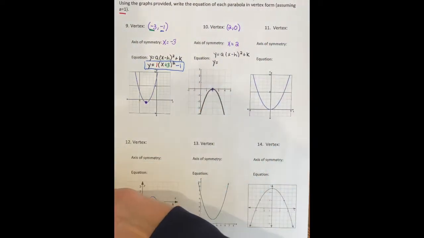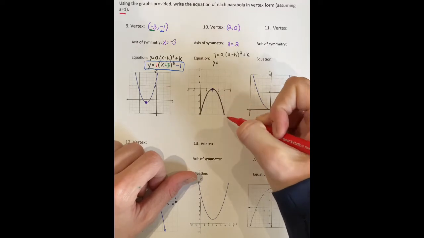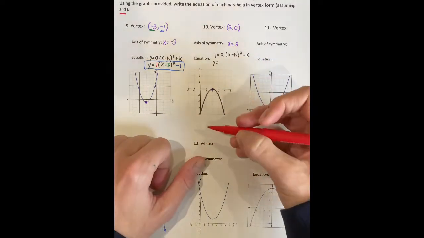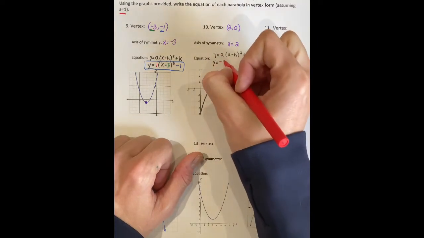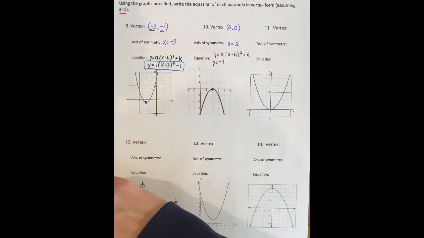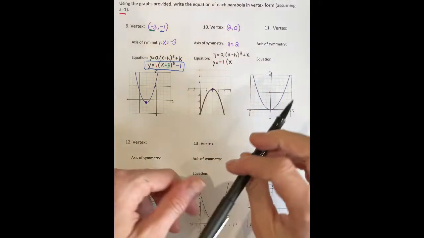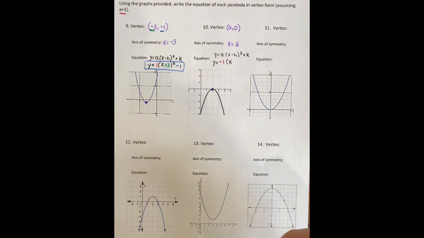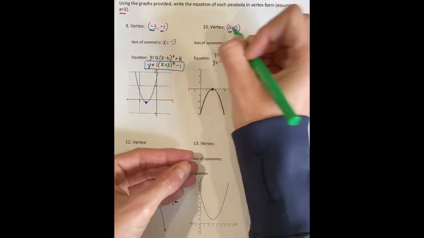Now a is always going to be 1, but in this case, it's an upside down parabola and it has a maximum. So that means it's going to be a -1 because it's flipped upside down. Then we have x. Now instead of minus h, our h value is 2.